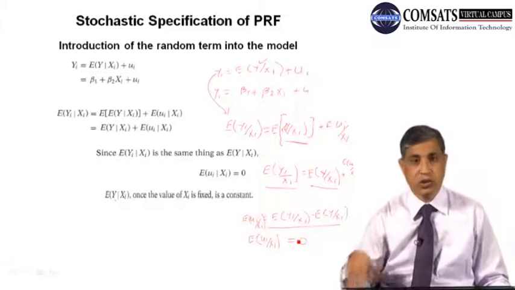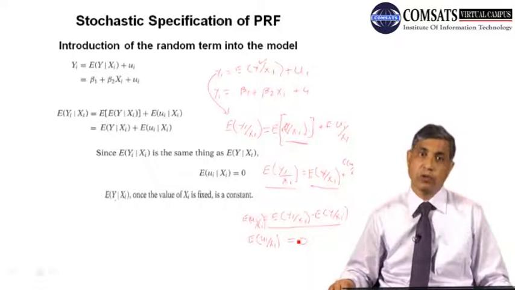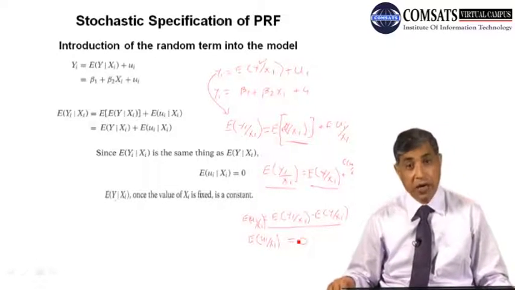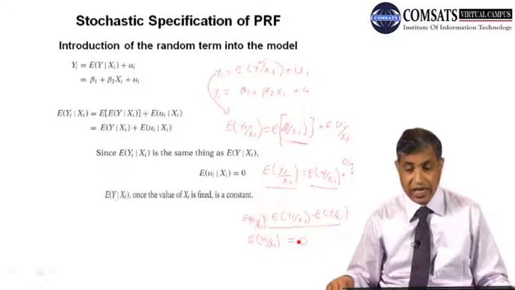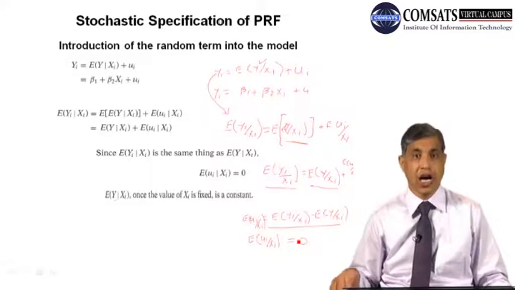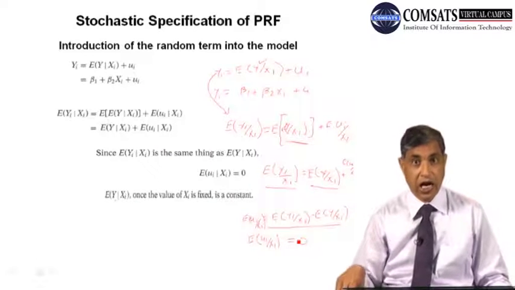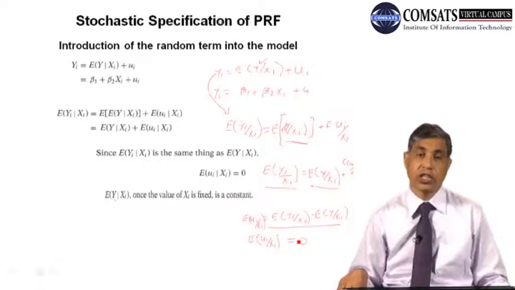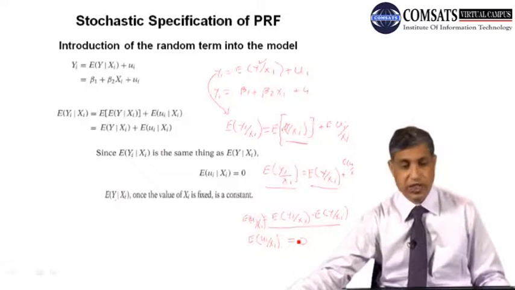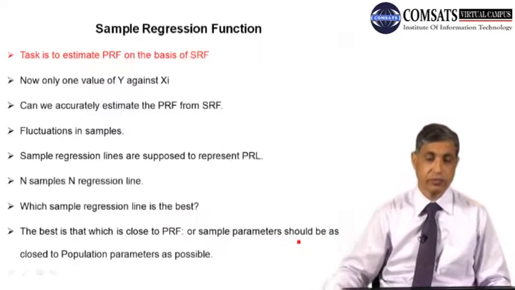So as we solved this equation, we came to know that in the population regression function, the expected value of ui given xi is equal to 0. I will be explaining this when we talk about the assumptions of OLS, and I will show you this diagrammatically.